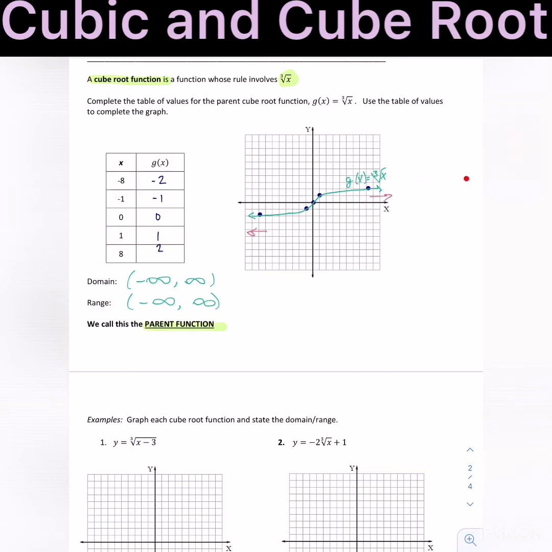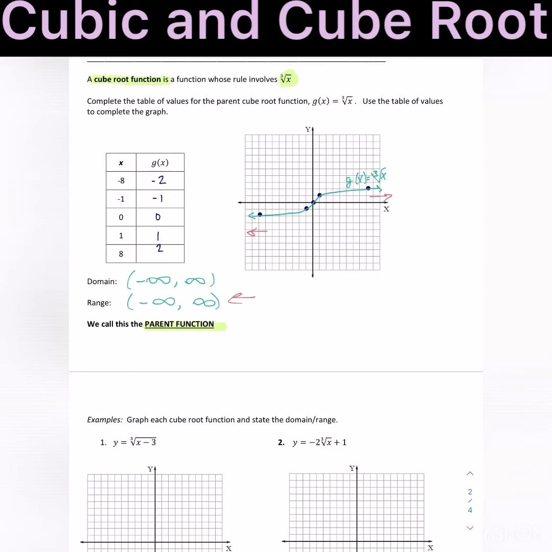So the domain is clearly all real numbers. It doesn't look like it's going down, but the same argument we used before, it is forever going down, just at a very slight angle. So if you went infinitely far, you would go infinitely down. So that is why the range is also all real numbers.